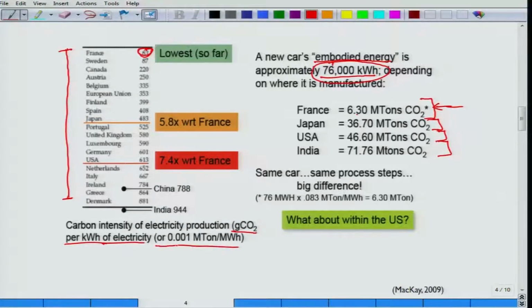So, it becomes 0.001 megaton per megawatt hour. So, we multiply the energy that is used for the car by this, and it becomes this much carbon dioxide produced to manufacture a car in France, and we can see the condition of India here. So why is this difference here?